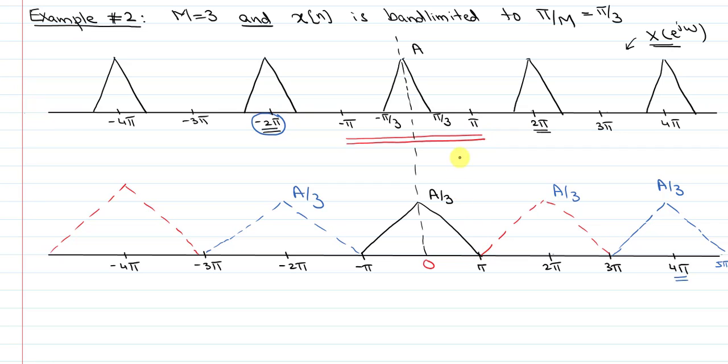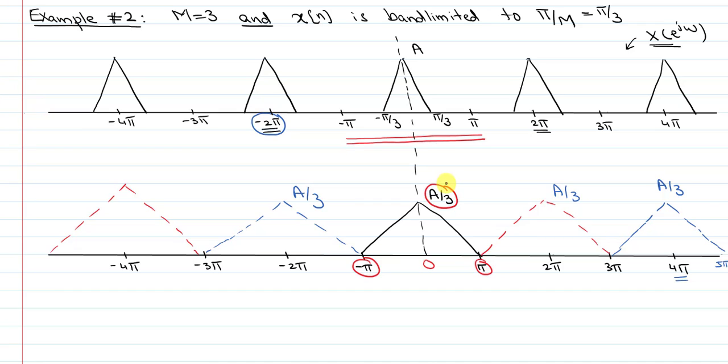So pi by 3 goes to pi, minus pi by 3 goes to minus pi. In the previous example, it was already at pi, it went to 2 pi and minus 2 pi. Once you stretch that out and scale the amplitude by 1 over M, you can just do a periodic repetition of that for every 2 pi interval, and you will get back this plot. So you don't actually need to do all that summation. That's a direct way of getting to the same expression.